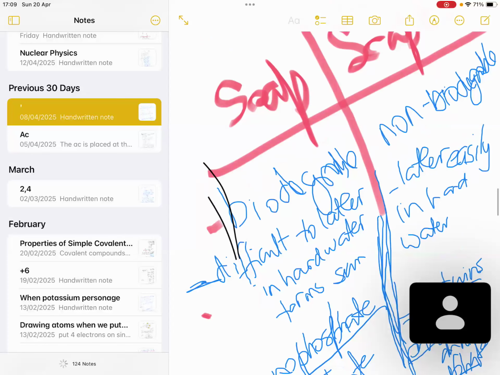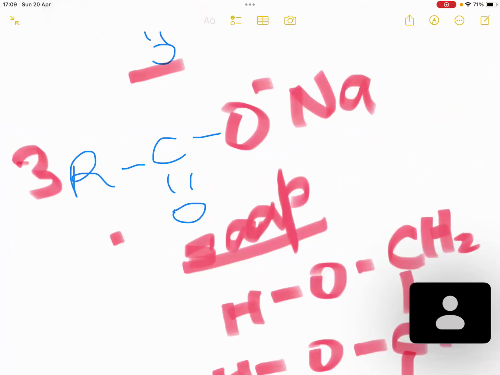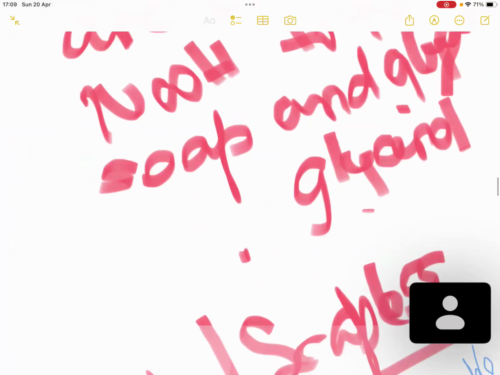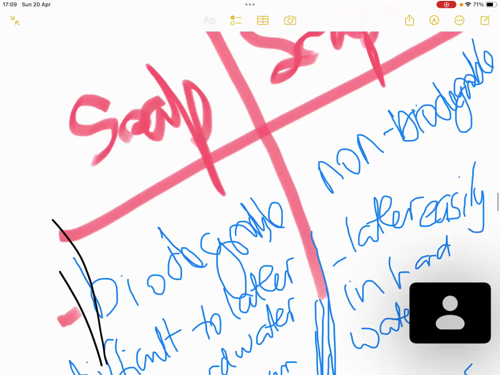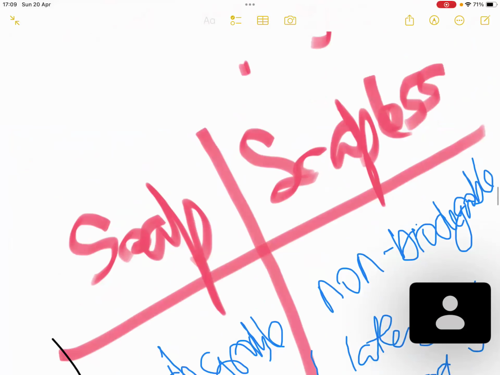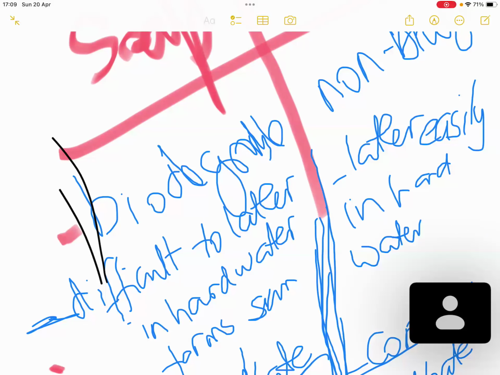Soaps are biodegradable, while soapless detergents are non-biodegradable. Soaps are produced from renewable resources, like your fats and oil, which you can always get back. Whereas your detergents, or soapless soaps, are made from petroleum products, which we know are non-renewable, right?